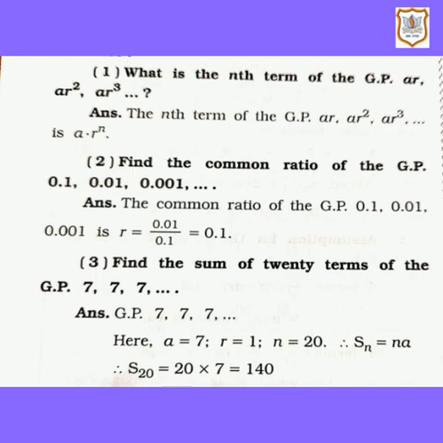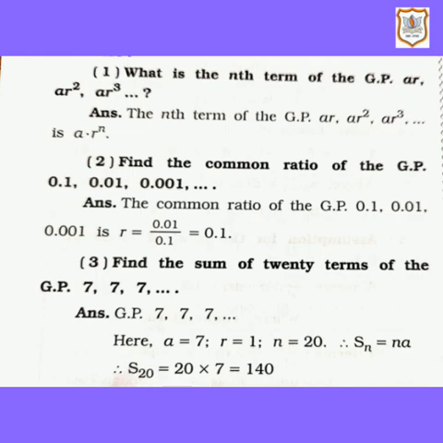So the nth term can be A into R to the power n. N means any number, as AR, AR square, AR cube, AR4, AR5, so the numbers are infinite. So the nth term will be A multiplied by R to the power n.